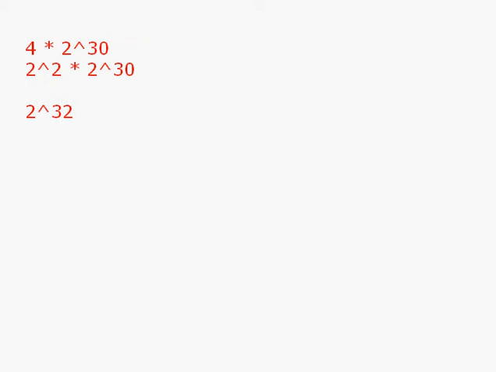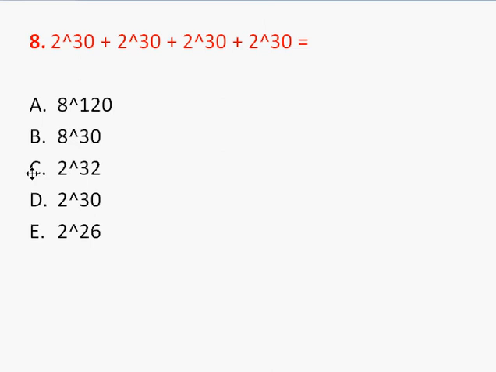Or we can write 2 raised to power 2 times 2 raised to power 30. Alright, so it will become 2 raised to power 2 plus 30, that will be 32. So 2 raised to power 32, C will be the option. Alright, 2 raised to power 32.